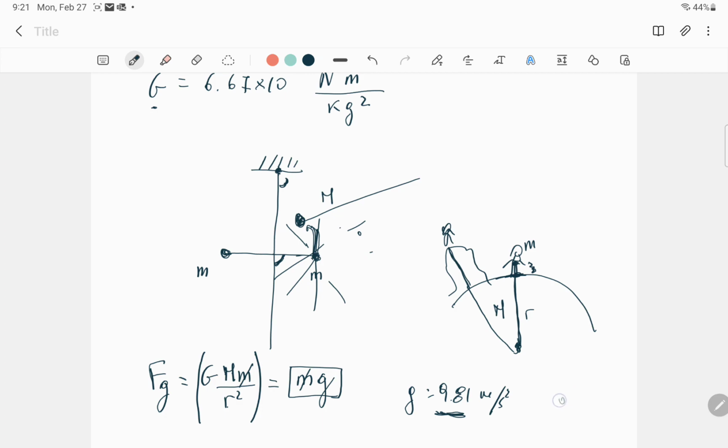So this is at sea level, which means basically where you're considering the whole radius as your only distance. The higher you go, obviously, the more this value will change. And if r is bigger, then g is smaller. So obviously, the higher you go from the Earth, the smaller gravitational pull you will feel.